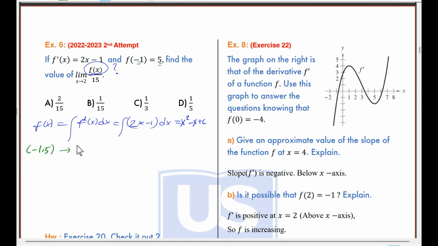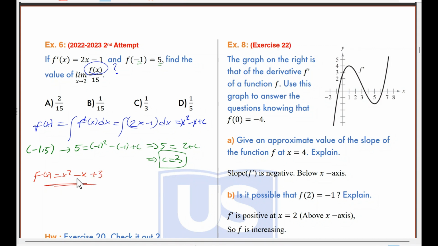So equalize 5 to the function with negative 1 for x, plus c. So 5 is equal to negative 1 squared, which is 1, 1 minus minus, plus 1, 2 plus c. Then my c is equal to 3. Right? So I got my original function as x squared minus x plus 3.